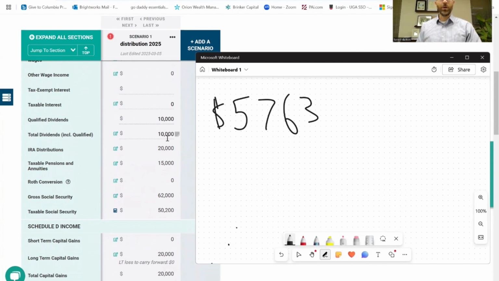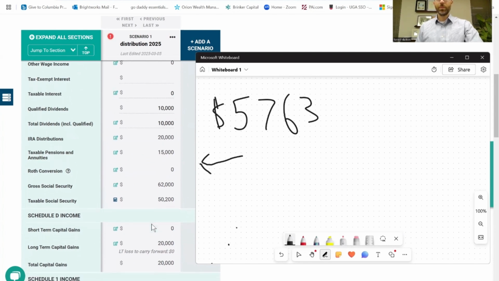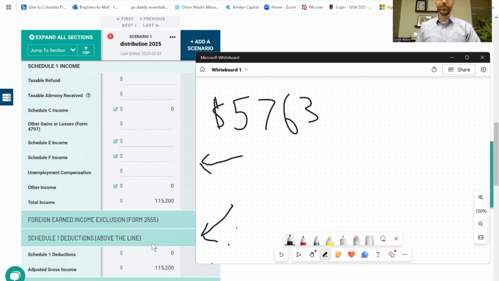So what I would propose instead for someone like this is to take this pension, okay, and to potentially take the money out of there, and maybe even just withdraw more from a more favorable account, the taxable account. Now, here's why.